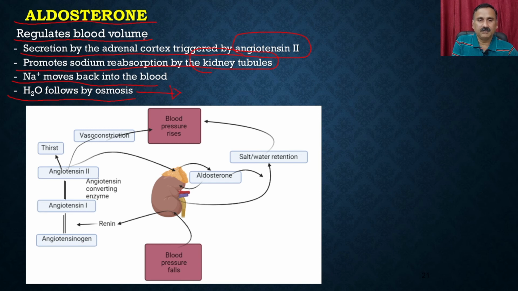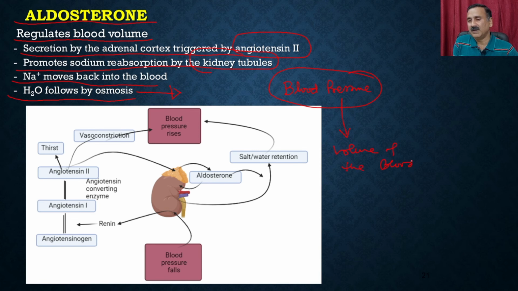Okay. So, its main function is that it is going to regulate the blood volume, and that is how it indirectly contributes to the blood pressure of a particular individual, because the blood pressure is indirectly related to the volume of the blood.